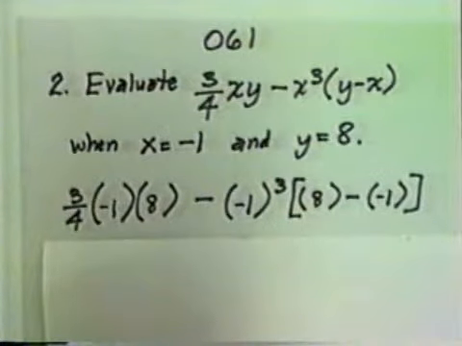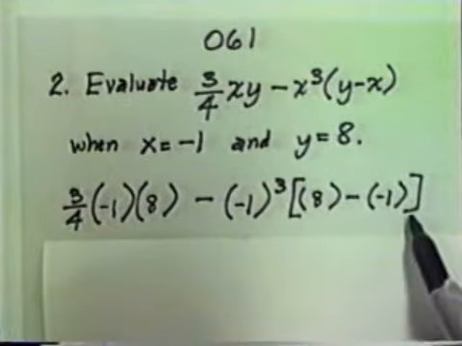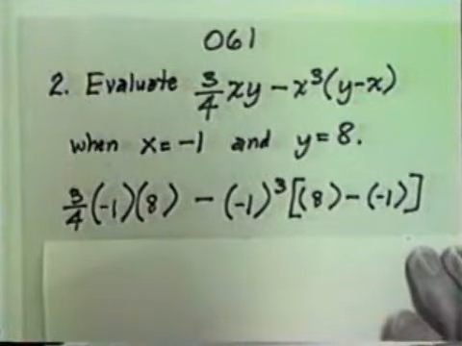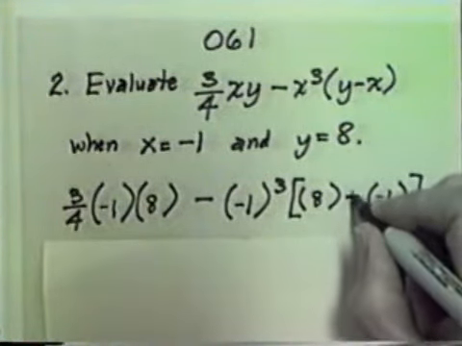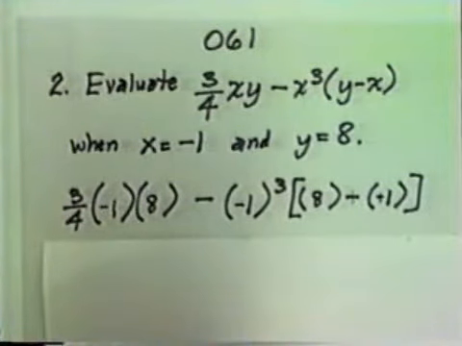Now we must follow the order of operations to complete this work. Notice that we have symbols of inclusion with the brackets. We'll work inside the symbols of inclusion first. We have 8 subtract -1, which is 8 add +1, and that gives us 9.